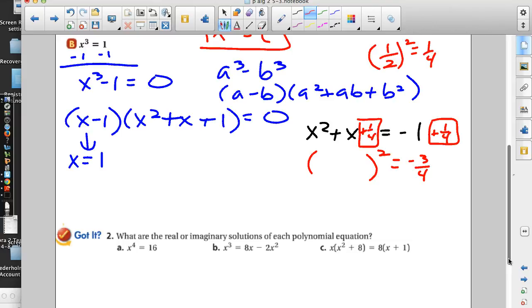But then it's like, well, what is going on over here now? Remember, the step before told us what we were going to square. And what we needed to square was 1/2. So we have x plus 1/2, the quantity squared, equals negative 3/4. Now, the simplifying gets a little tougher.